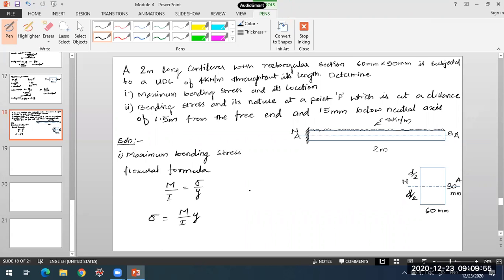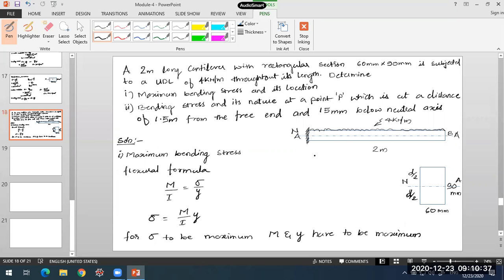So for sigma to be maximum, we require M and y both to be maximum. I is constant for the given section. So where do I get maximum bending moment in case of a cantilever beam?